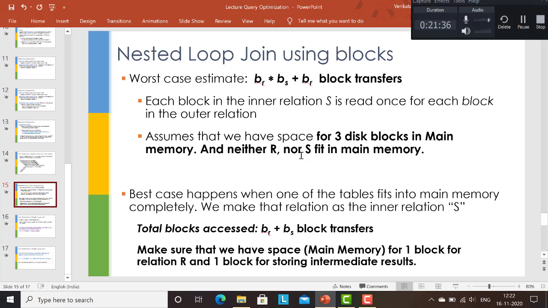I'll give you a query, specify the number of blocks in your employee table and the number of blocks in your department table, and I will also specify how much space is available in your main memory in terms of the number of disk blocks that can come in, right?